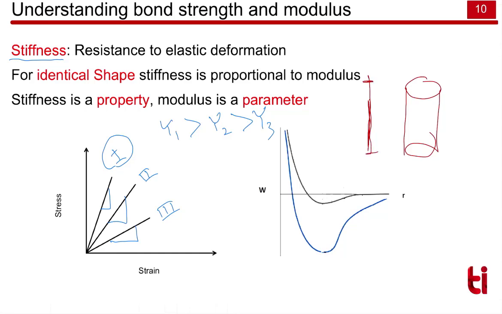If you bend the wire, it will bend. If you remove the load, it will again become straight. But if you bend this rod by this much angle, it will not come back to its original position.